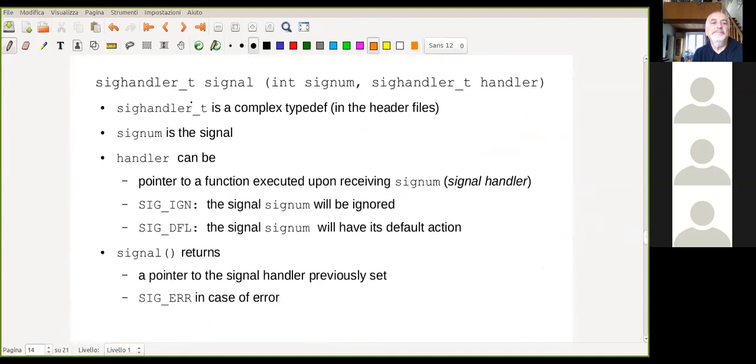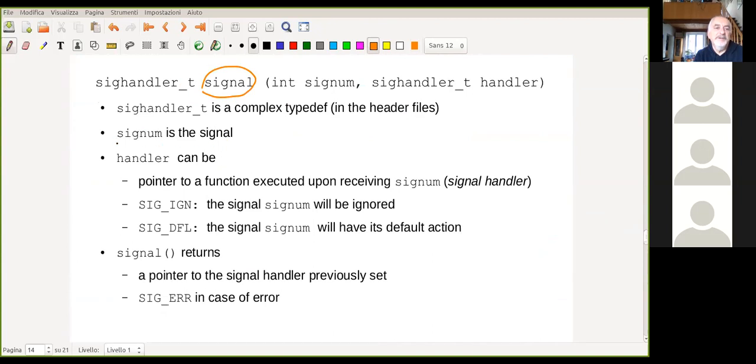The C handler is a complex type that is used to define the signal. We'll see it has many information inside.